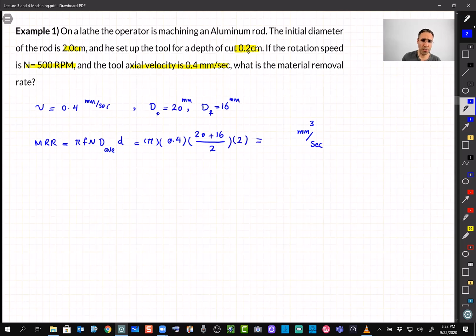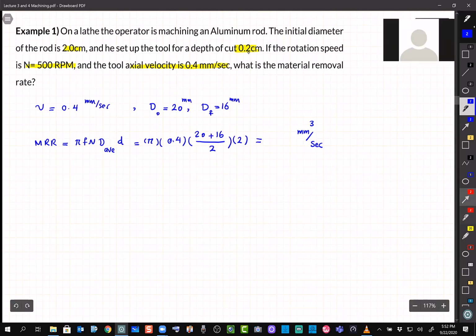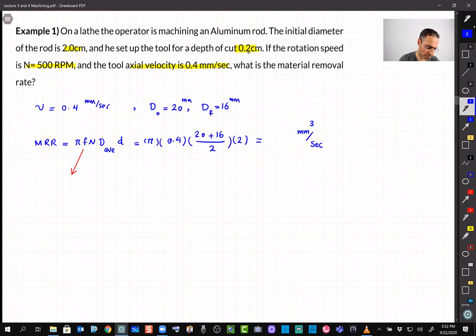So is there a question so far, guys? Quick question. Shouldn't the feed rate be millimeters per revolution? So as I said, as Ahmad pointed out, feed is millimeter per revolution, all right?